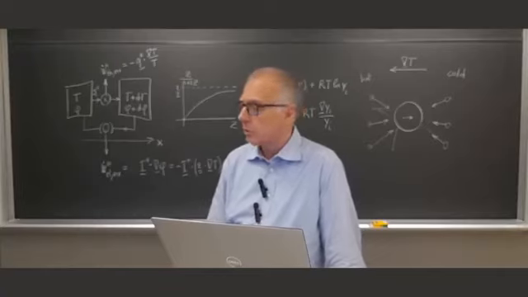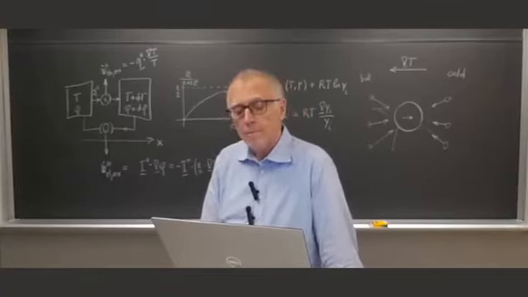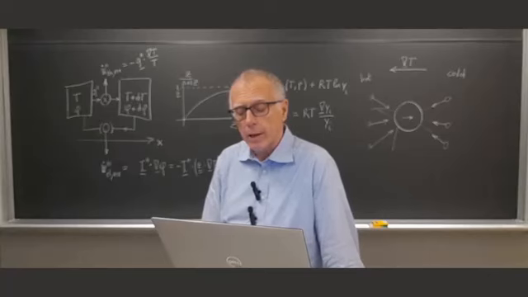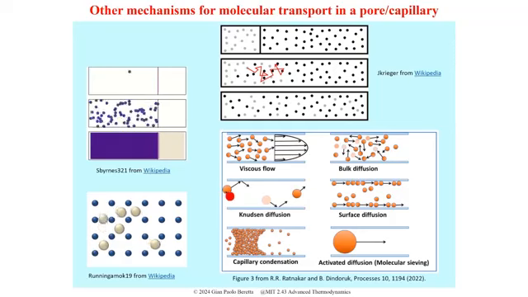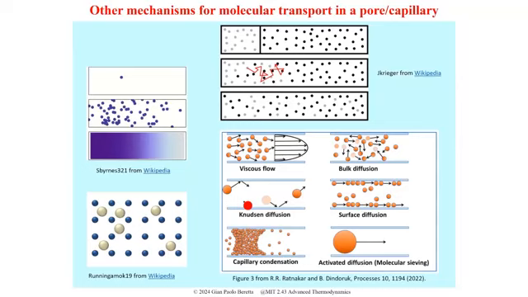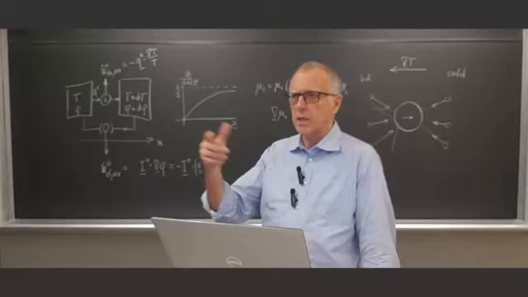But if the Knudsen number becomes larger, you may reach the other extreme, which is the ballistic extreme, in which a particle may travel all the way from one side to the other of your device without even having a collision.